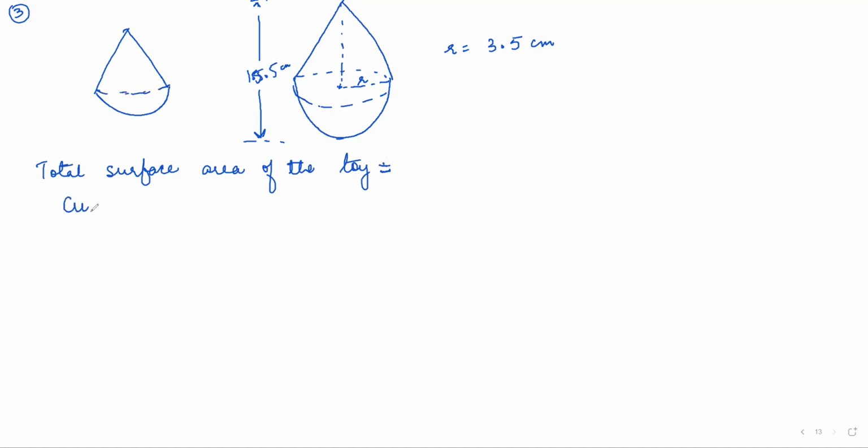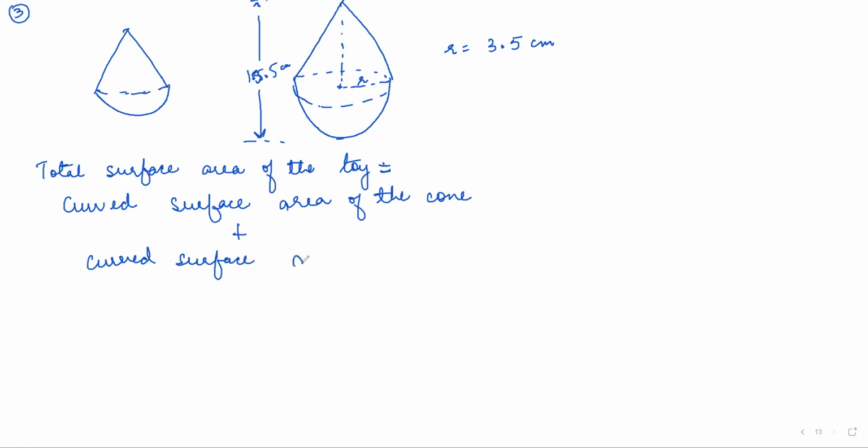It will be the curved surface area of the cone, plus the curved surface area of the hemisphere. This will give you the total surface area of the toy, isn't it?